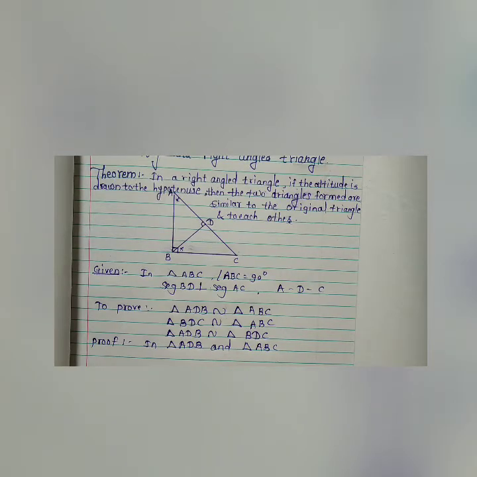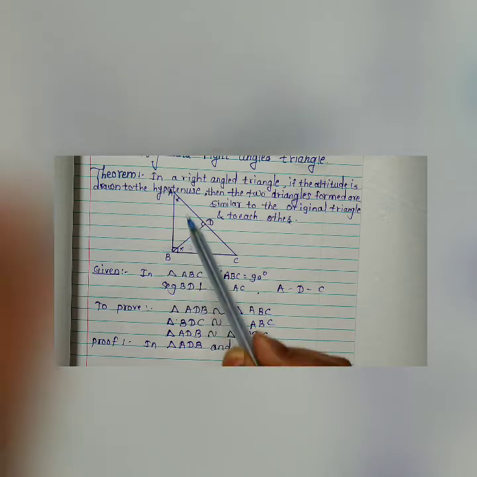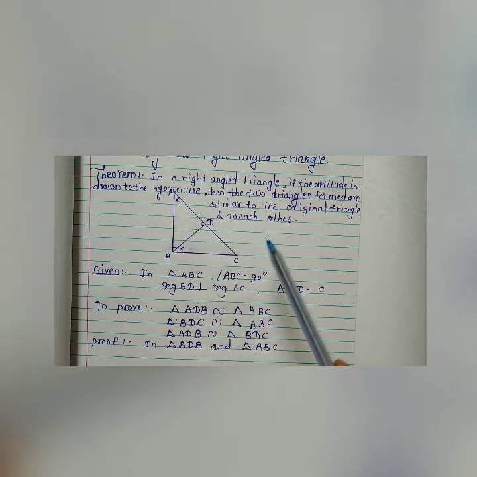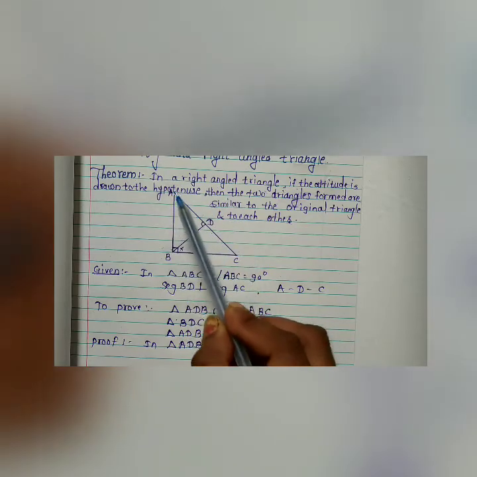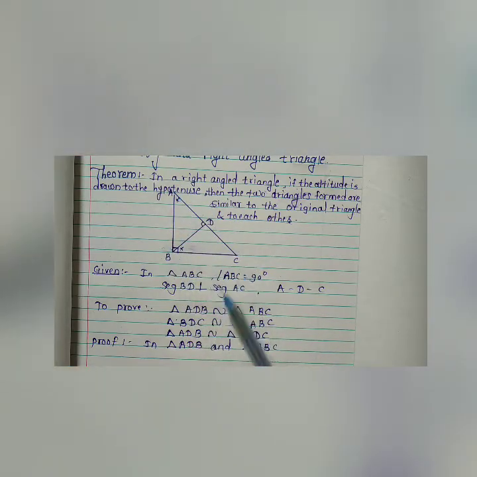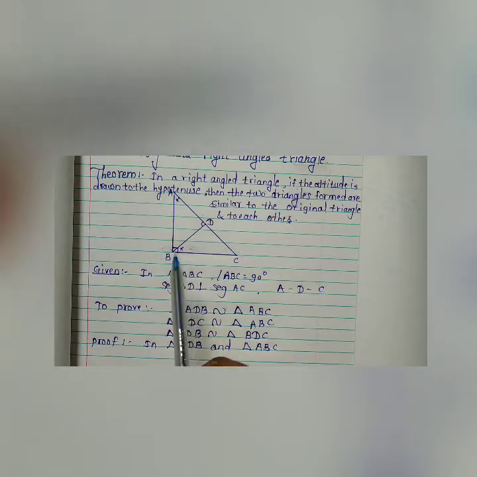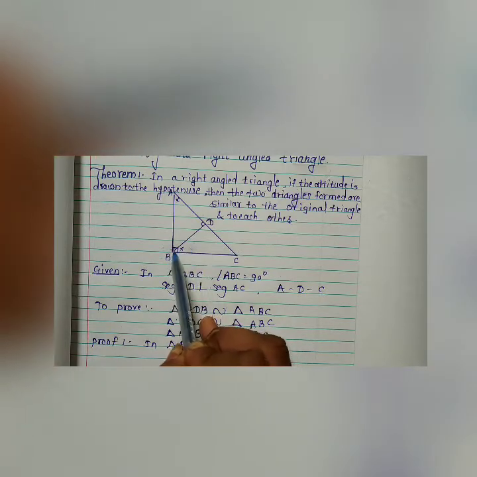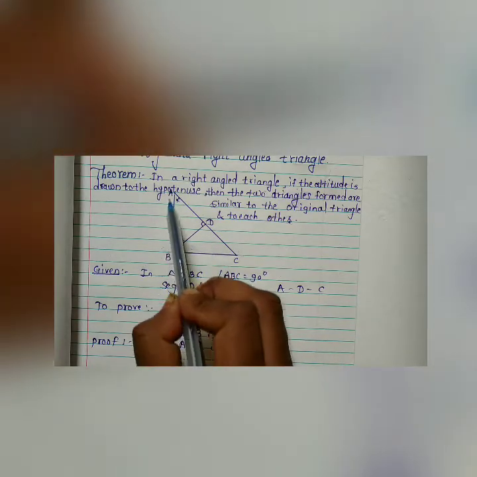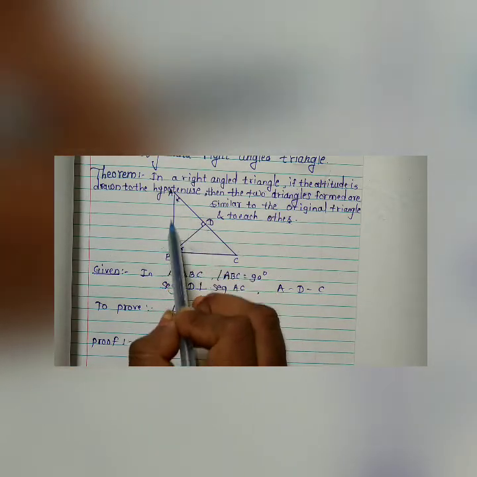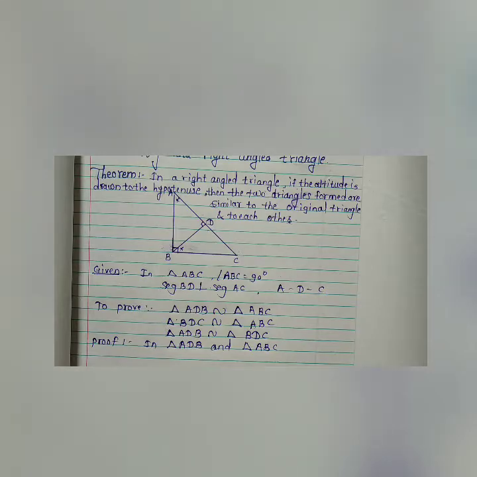First to prove: triangle ADB is similar to triangle ABC. In triangle ADB and triangle ABC, that is, the first triangle and the original triangle ABC, angle DAB and angle BAC are common.